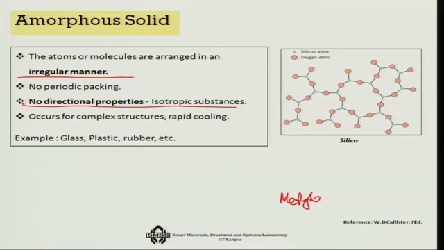I will talk about different types of metallic glasses, something like BMG, bulk metallic glasses. They are becoming very important in today's context. So, this is one way. By controlling the cooling rate, if the cooling rate is very slow, you get a crystalline structure, but if you make the cooling rate very fast, then you get a glassy structure out of it. So, that is one way of generating this amorphous structure.